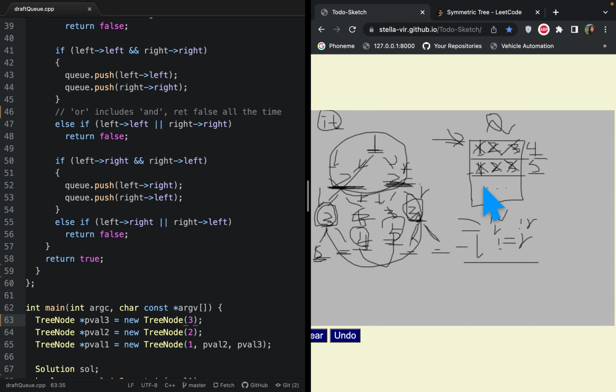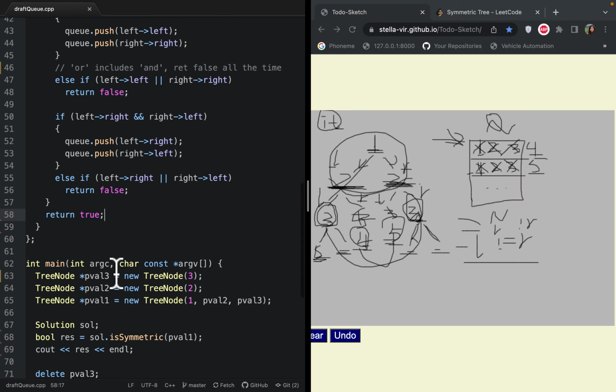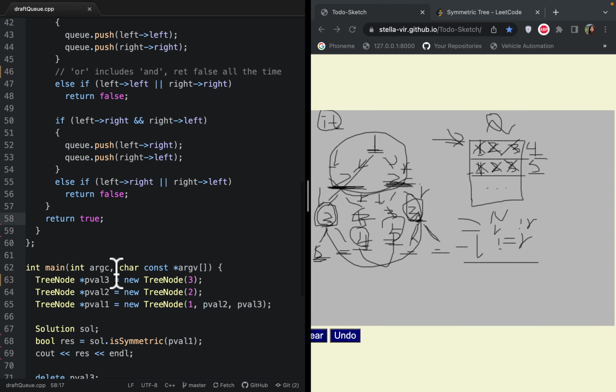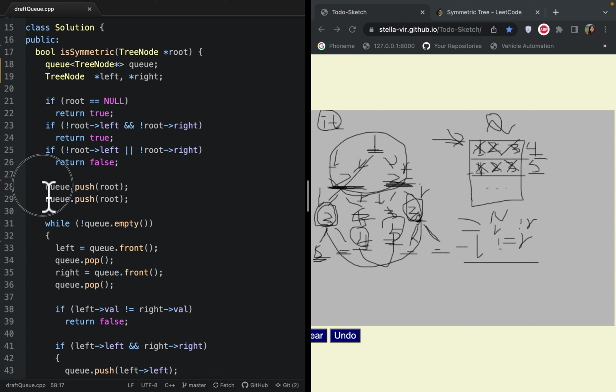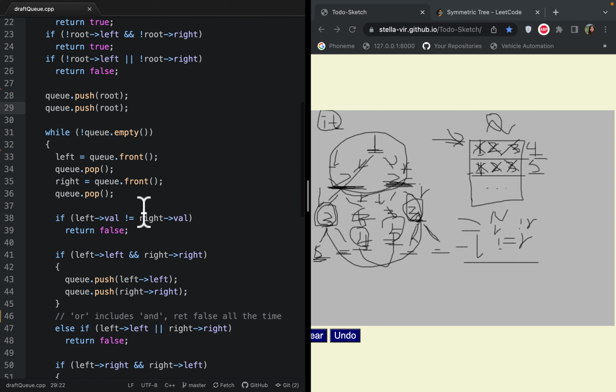Otherwise, if all of these conditions are met, in the end we return true for symmetric. So we have the initialization, pushing the root here, and maintenance, where it keeps going, pushing onto the queue and popping it out.